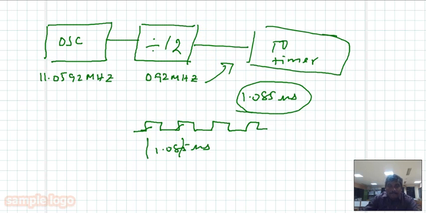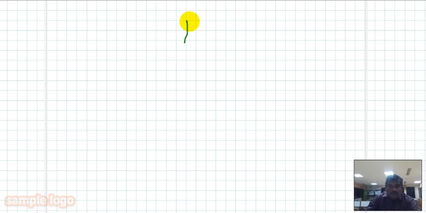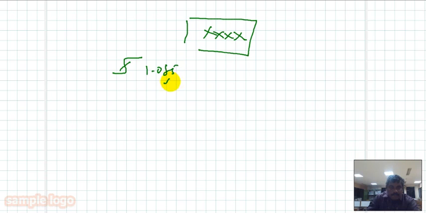Or I can say, if we load any value into the timer register, every 1.085 microsecond the value stored in the timer register will get incremented by 1. Say if you start the timer value at 0, then this value becomes 1 after 1.085 microsecond, then it becomes 2 after another 1.085 microsecond.